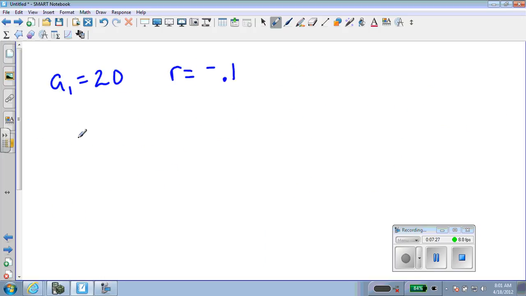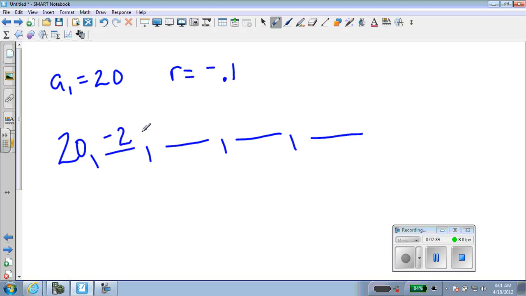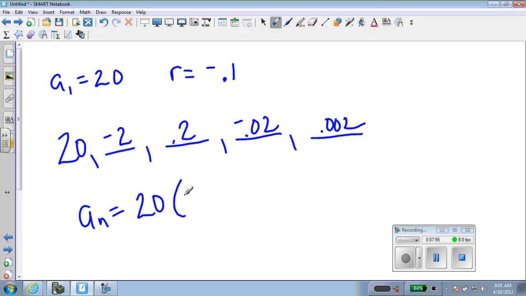Let's try one more. First term is 20. Common ratio negative 0.1. So this would be negative 2, positive 0.2, negative 0.02, positive 0.002. So a sub n, starting from 20, we have a common ratio of negative 0.1 to the n minus 1 power.